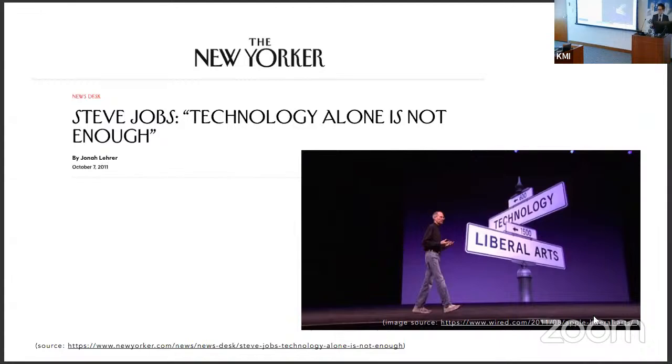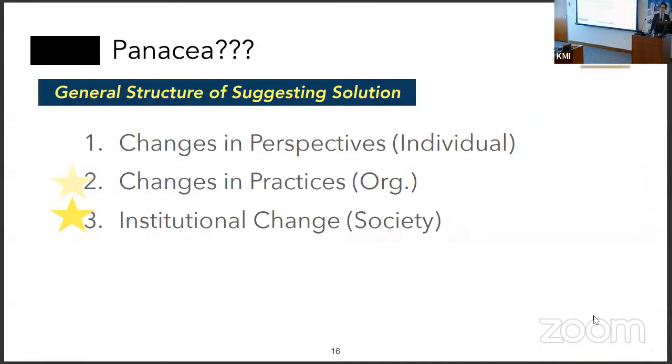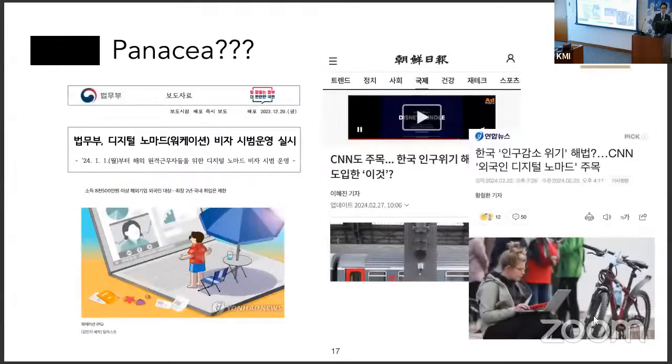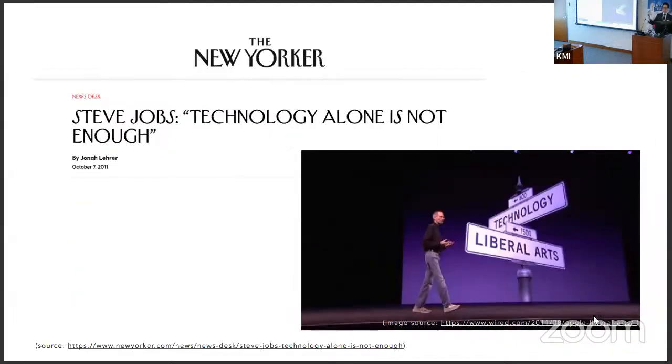So let's get back to the framework: changes in perspectives, changes in practices. I don't want you to stop at analyzing and criticizing the problems only. Academicians are quite good at those areas. But let's take a further step. What are the next steps?